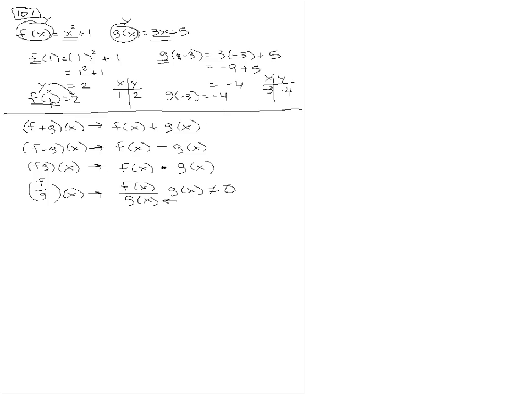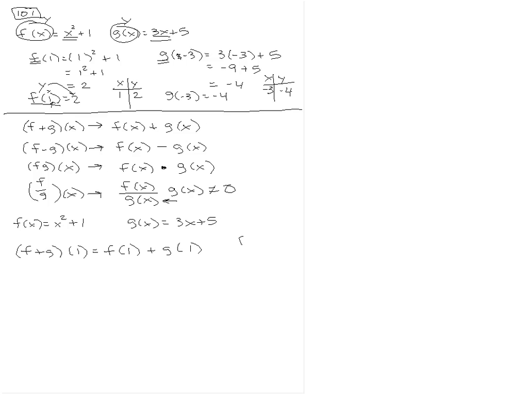So, with that in mind, let's go back to f of x being x squared plus 1, and g of x being 3x plus 5. What would f plus g of 1 be? Well, that's basically saying f of 1 plus g of 1.